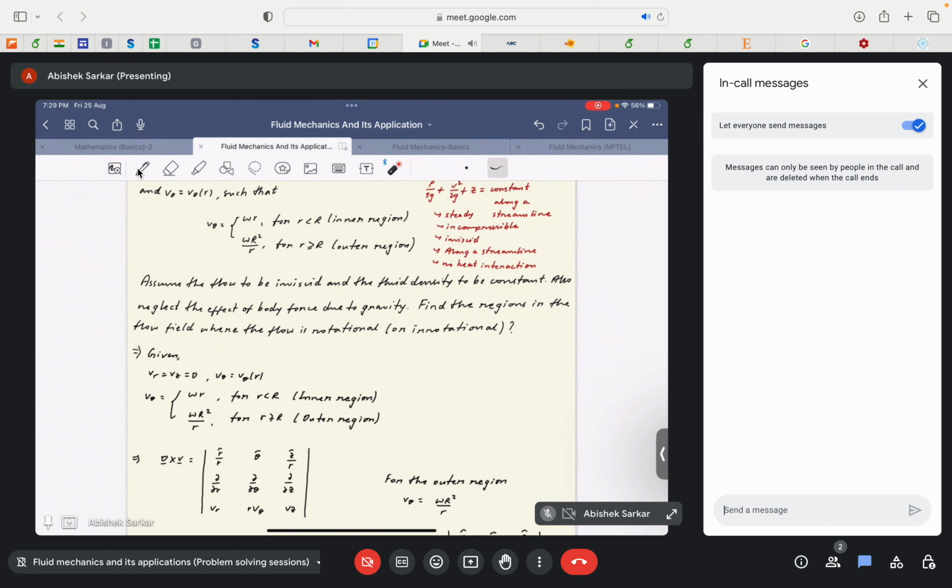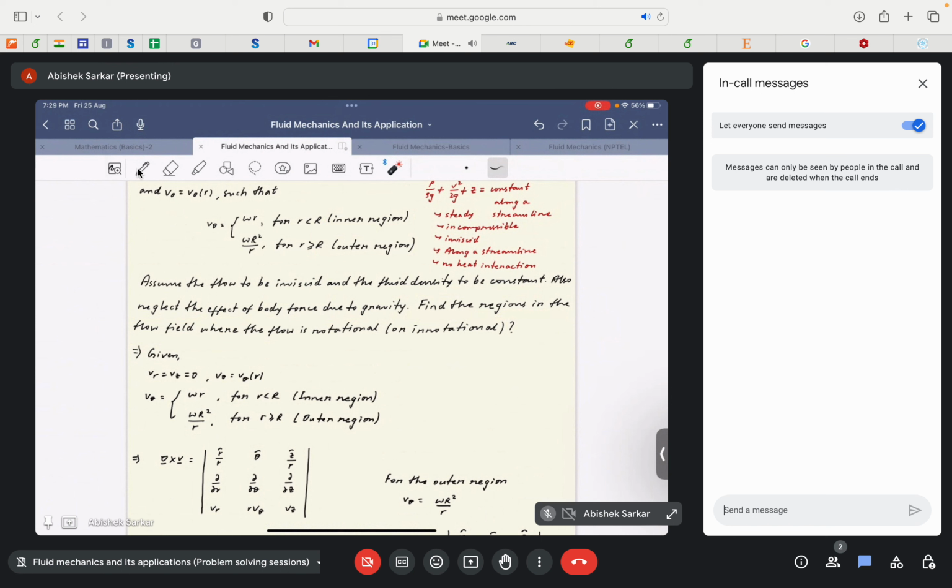So we need to define those regions: whether the inner region is irrotational, or the outer region is irrotational, or both regions are rotational, or both are irrotational.